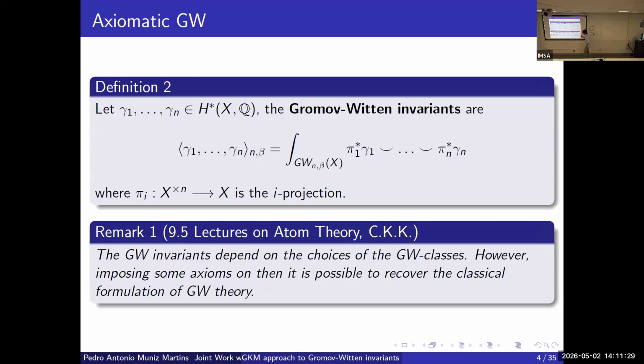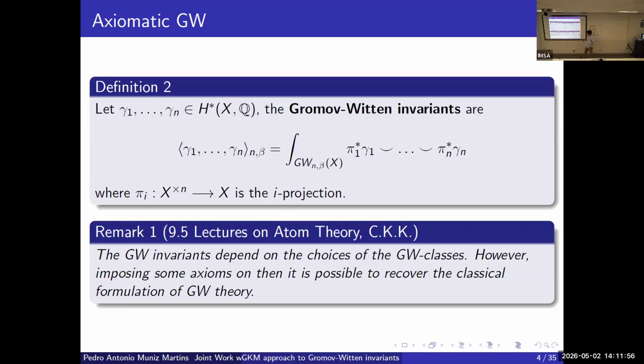And we can define the Gromov-Witten invariants between these classes in cohomology as this integral, where p_i is just the projection of X times X, n times, to X. Here is just the ordinary product, and here are the cubes.